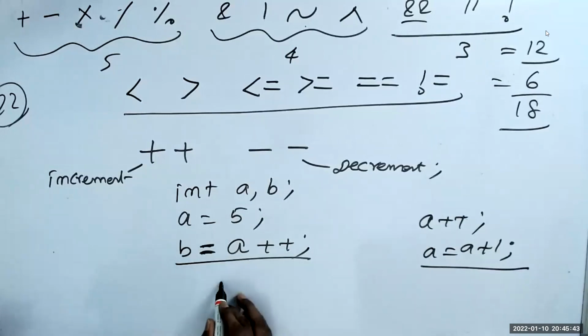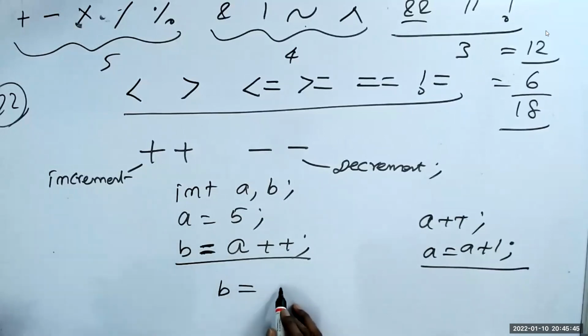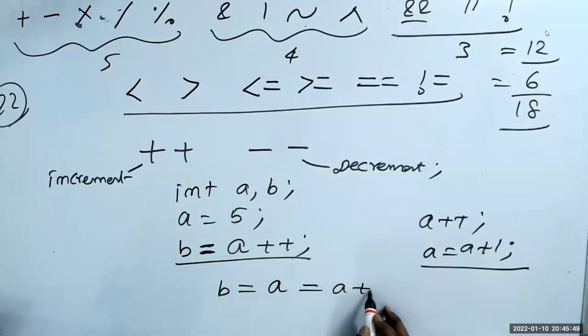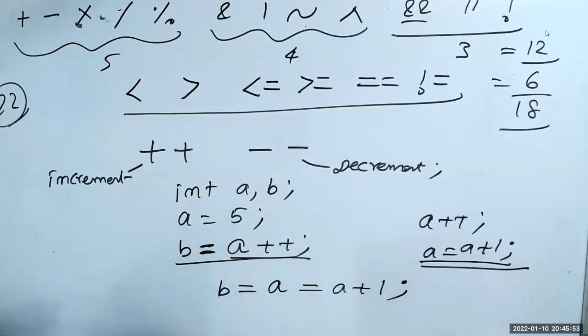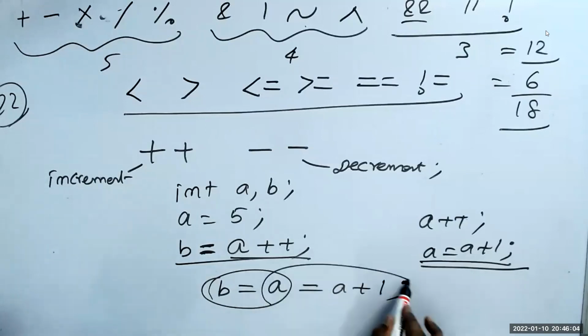I say B equal to A equal to A plus 1, because A plus plus means A is equal to A plus 1. Now which will I do? Will I do this first? I have two statements now.